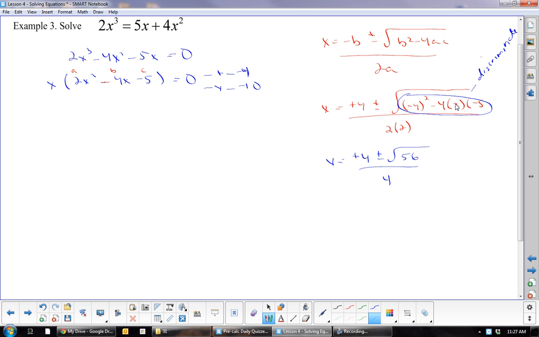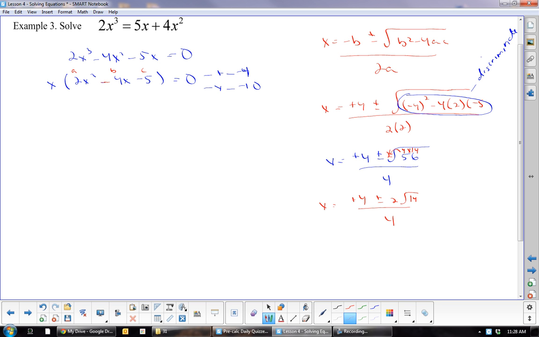What's 4 times 14? This is 4 times 14, because 8 times 7, 4 times 14. So the 4 comes out to become 2. So you get 4 plus or minus 2 root 14 all over 4.